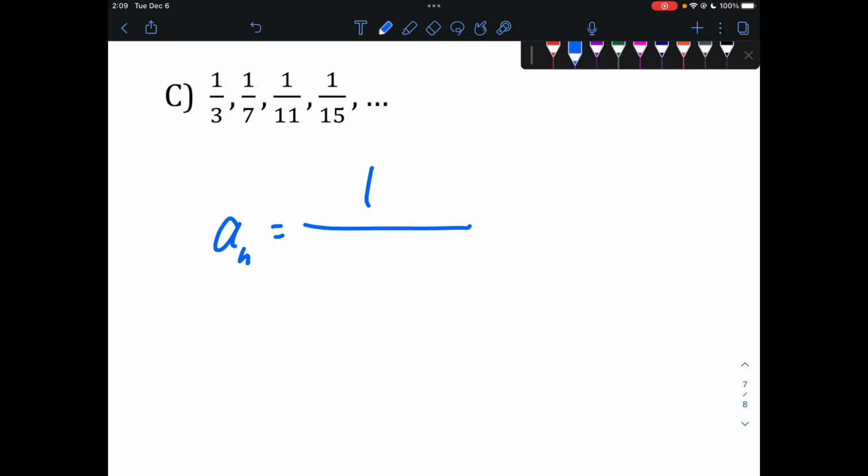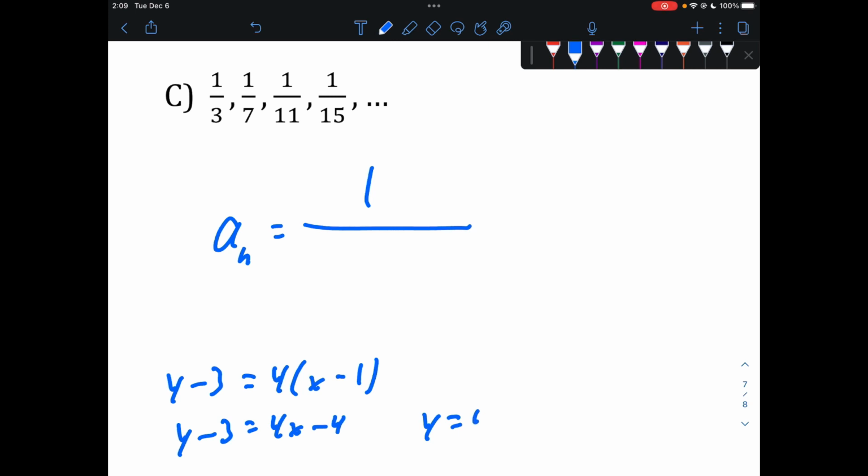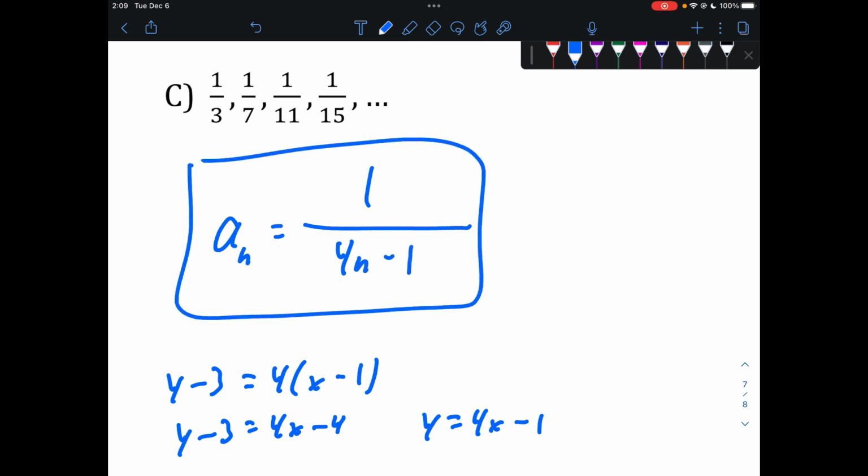So I can do what I did in part A. Let's see, if I just use my first term here, y minus 3 equals 4 times x minus 1. So I can write this as 4n minus 1. And that would be my nth term. Now, very soon, I will teach you a formula that will help you come up with this a lot quicker. But for now, that's the best we can do.